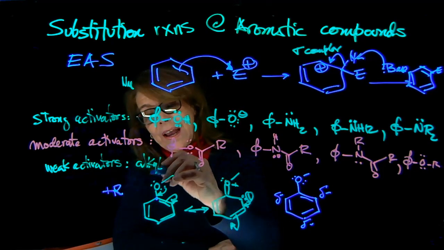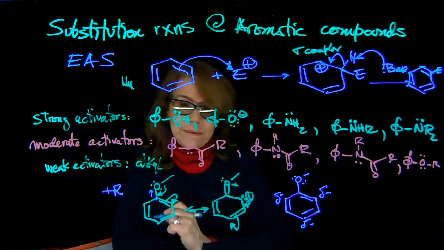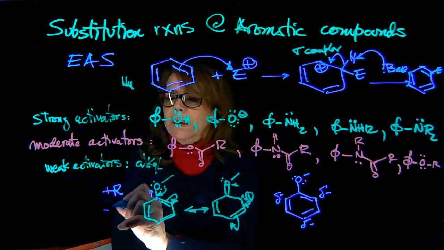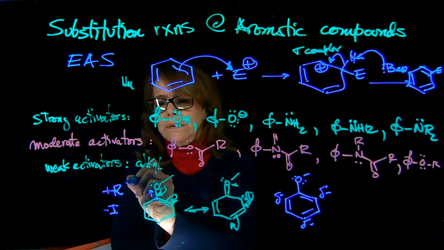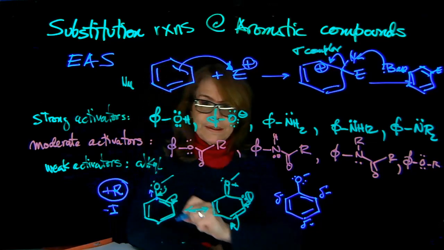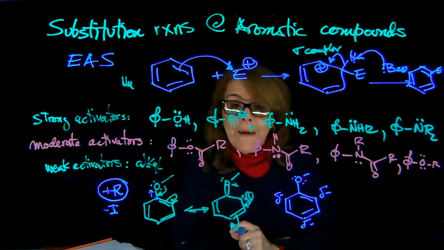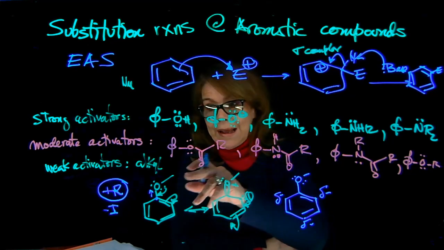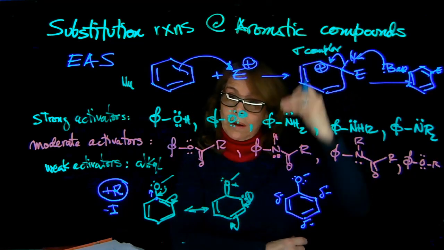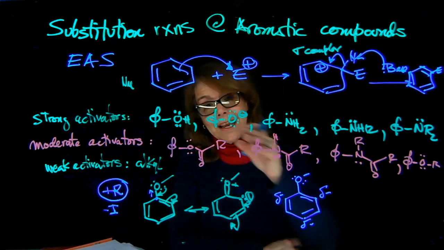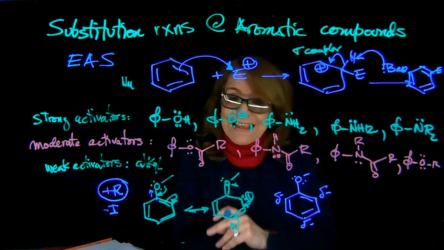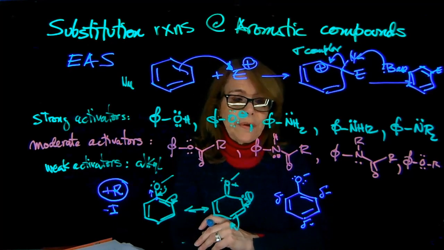That is to say that the dipole is in this direction. So it is removing electron density by induction, but overall, the predominant effect is resonance. So again, despite that the oxygen is more electronegative than carbon and will withdraw electron density, the resonance effect as donor is predominant, so these groups are activators.